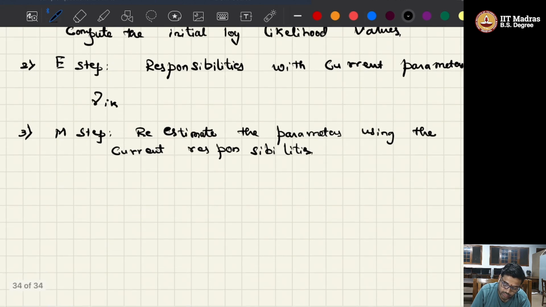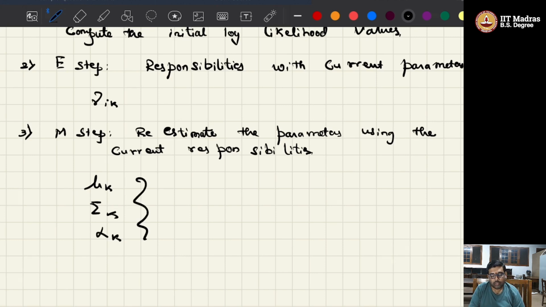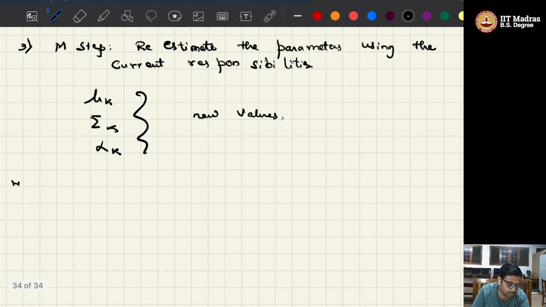And with that, you calculate new values of mu k, sigma k, and alpha k. You get new values. And then the fourth step is to evaluate the log likelihood.